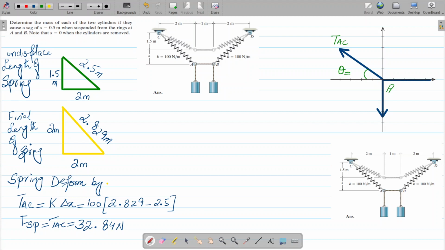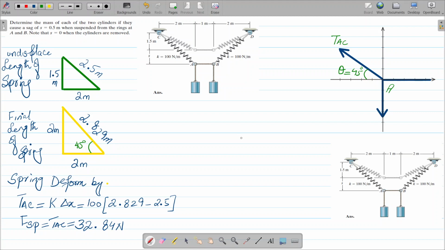We can easily calculate theta. Just to let you know, this is 2 meter and this is 2 meter. So what will be this angle? Since the base and perpendicular are the same, if you apply tan theta, we get an angle of 45 degrees. So we can easily say this angle will also be 45 degrees.